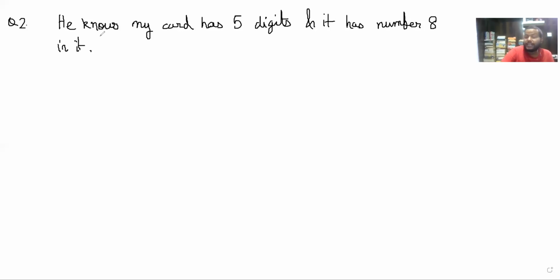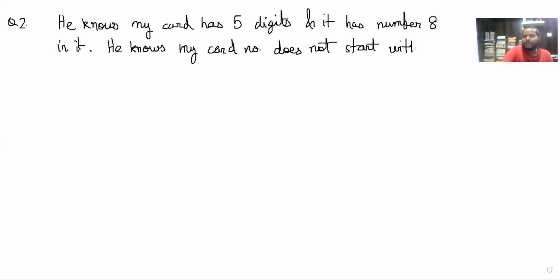He also knows one additional piece of information: my card number does not start with a 0. By the way, when I say card number, I mean PIN code or password.